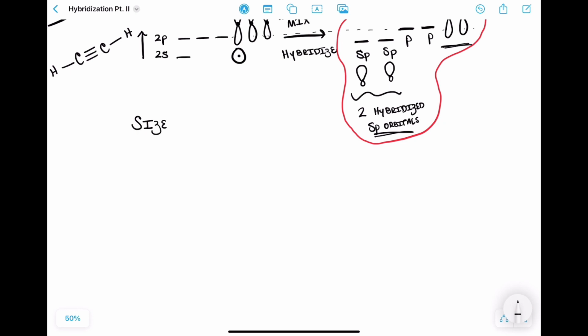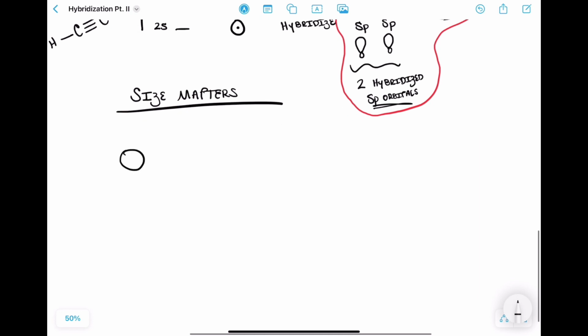Size matters, despite what your professors might tell you. The orbitals all have different sizes. I'm just going to compare. Here is my sp3 orbital. It is the largest. And there is my sp2 orbital.